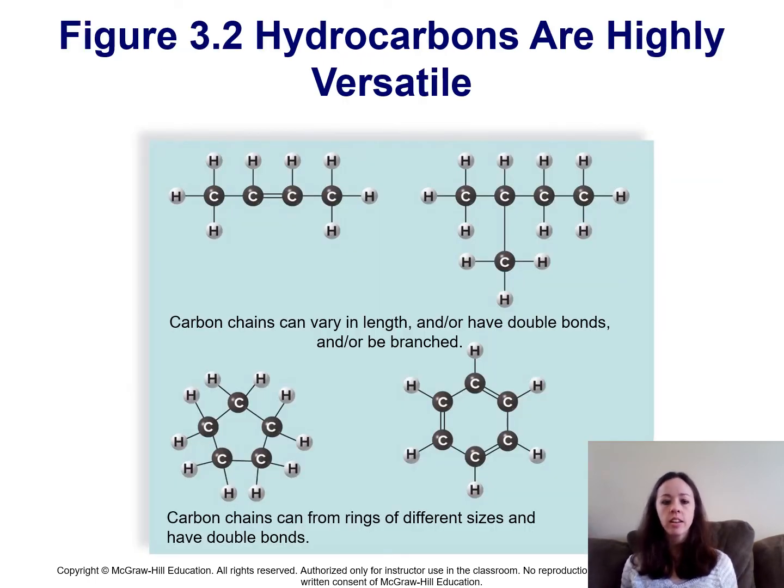As shown here, carbon can take on many different shapes because it is able to bond up to 4 different atoms. It can form single chains, branched chains. It can also form rings that contain both single bonds or double bonds, like those found in sugar.